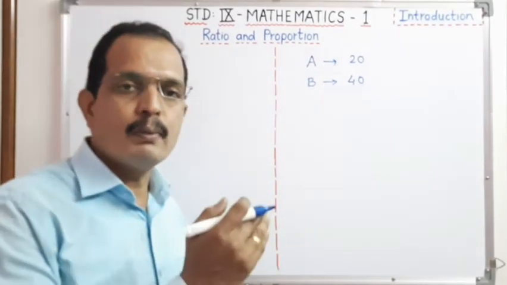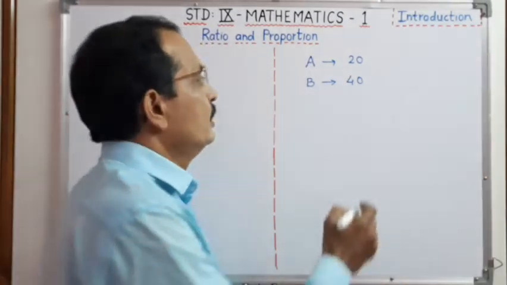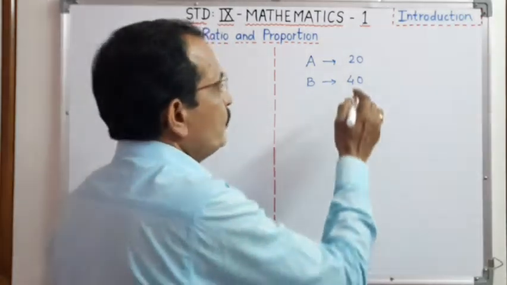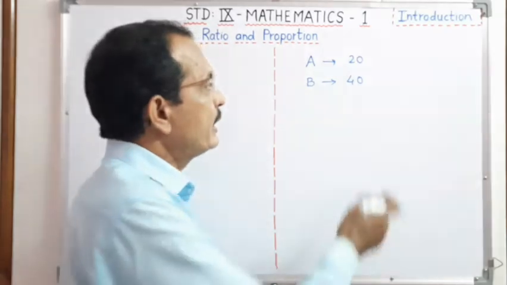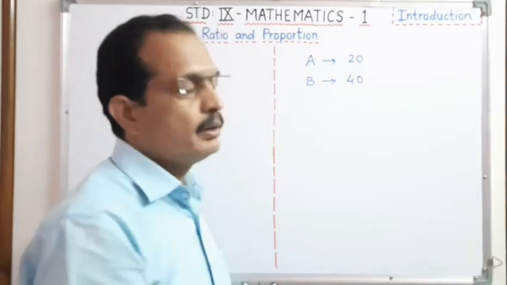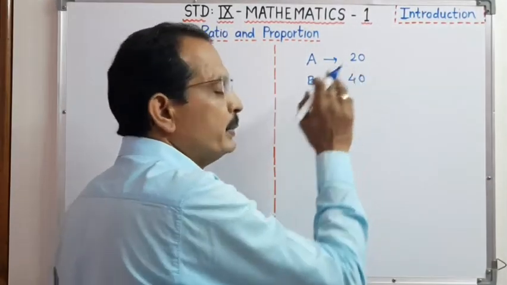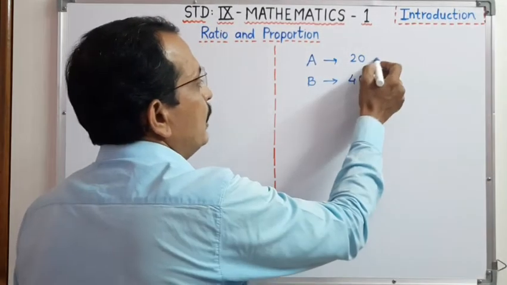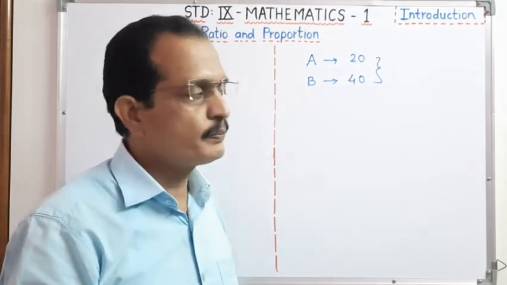Now, if we have to compare the marks of these two students, here 20 marks and 40 marks, we can say that B got 20 marks more than A. In another way, we can say A got 20 marks less than B. This is the comparison, in the form of less or more marks.